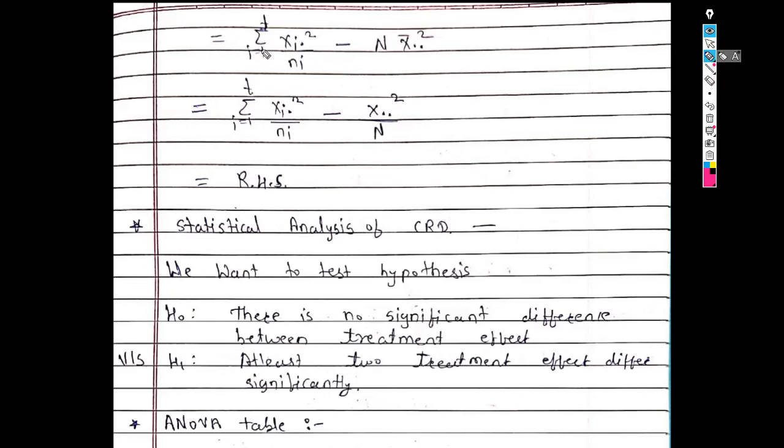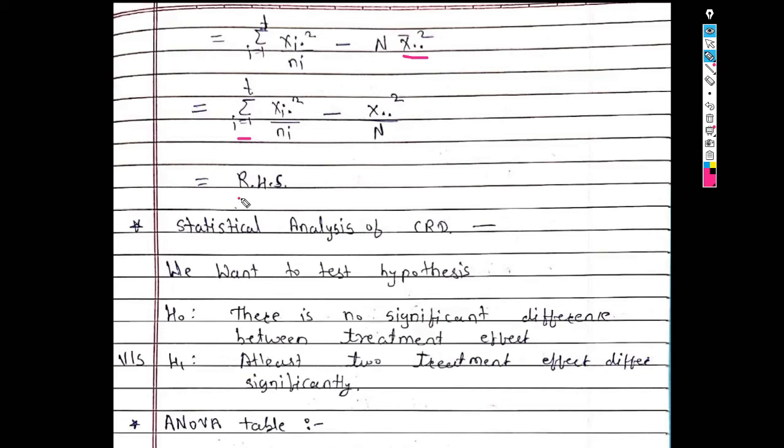summation over i xi dot square upon ni minus capital N into x dot dot bar square. Now in the next step we get summation over i xi dot square upon ni minus, now this grand mean can be written as grand total upon capital N, so we get x dot dot square upon capital N. This term is nothing but our correction factor.